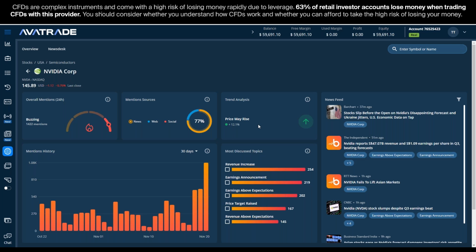So sometimes you'll see that they agree. Sometimes the trend analysis, let's say the trend analysis said sell, that the price might drop a certain percentage, and then the articles were negative as well, and those two things agree, then you're more certain that you want to trade on it. Here you have conflicting information. You have articles that are negative for NVIDIA, but you have a trend analysis that says it might go up 12%. So in this case, sometimes you sit it out. You wait and see what's going to happen.